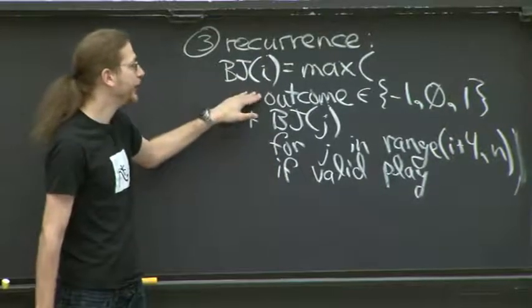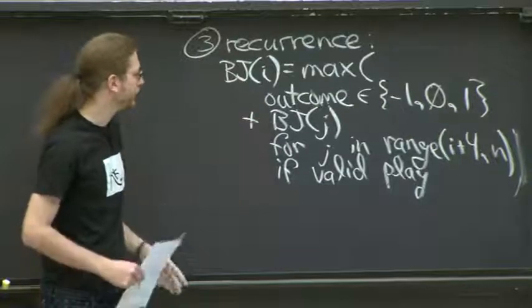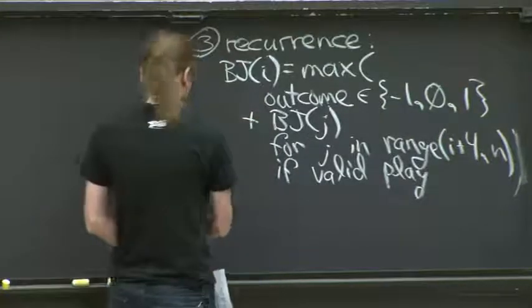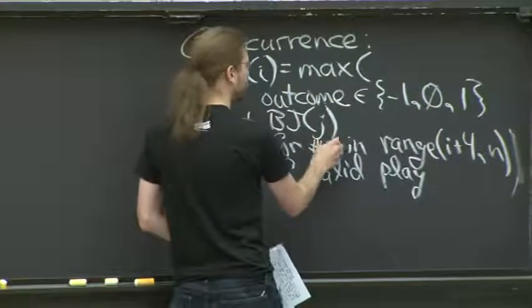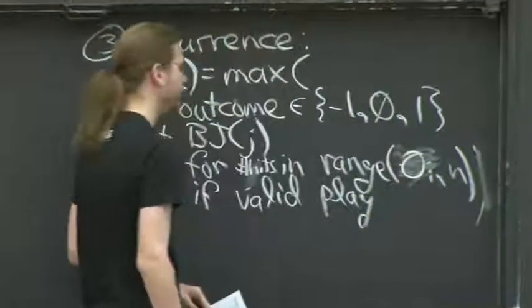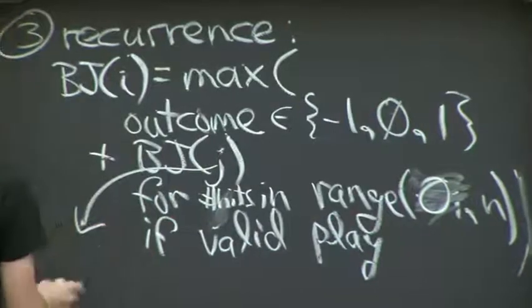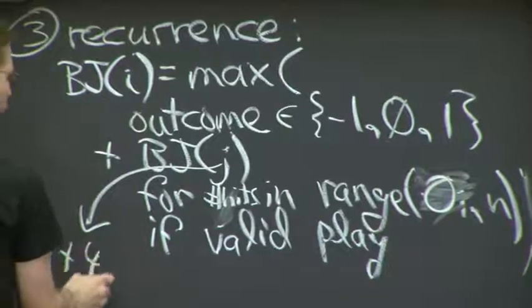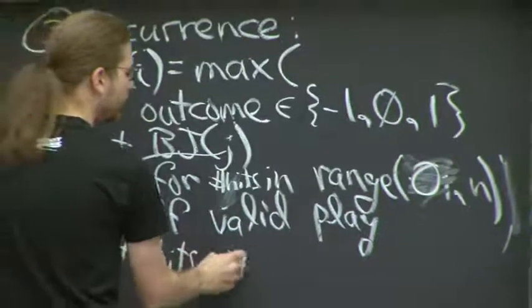But you're considering all possible options, all valid options of play. For each of them, you see what the outcome was after the dealer takes some more cards. This is actually a little bit funny. Sorry, this should really be the number of hits in range from, let's say, 0 to n. Maybe you don't hit at all. And then j is a little bit tricky, because this is actually i plus 4 plus the number of hits plus the number of dealer hits.